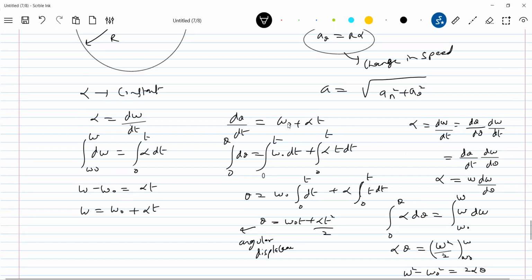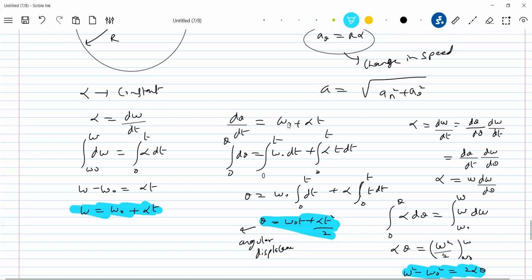These are called equations of motion for circular motion. These are the formulas which, if you remember, will be easy. This formula is applicable only when alpha is constant, a strict condition. It is not applicable when alpha is variable.